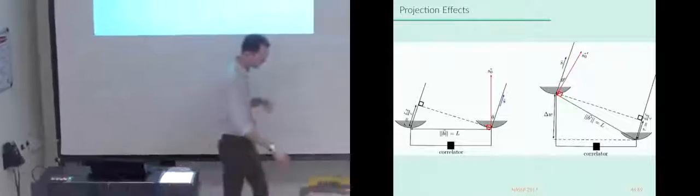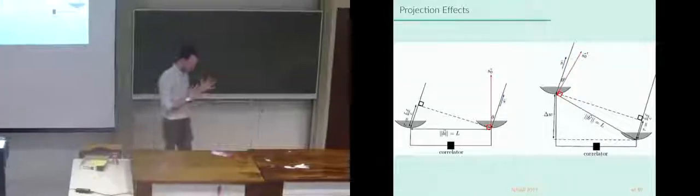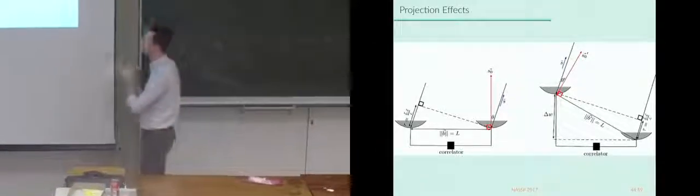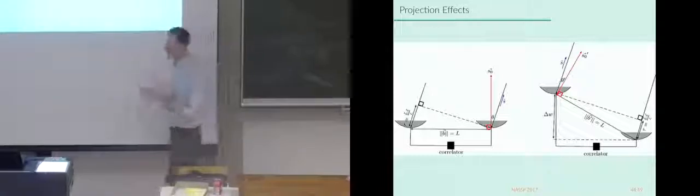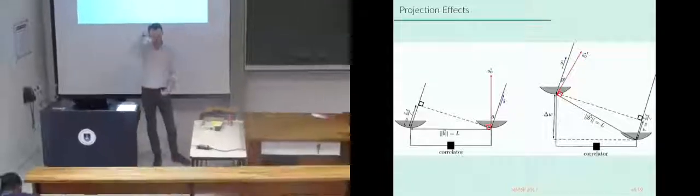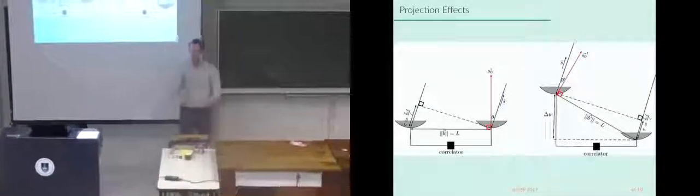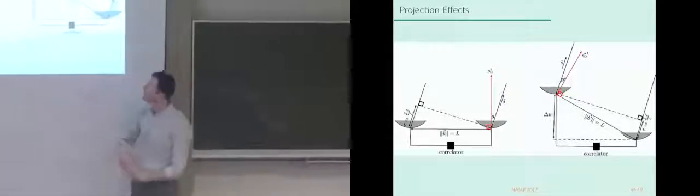So what's going on here is that the imperfect projection onto a 2D plane is effectively like taking a dish and moving it physically in the up-down direction, because it can be seen as a delay offset.